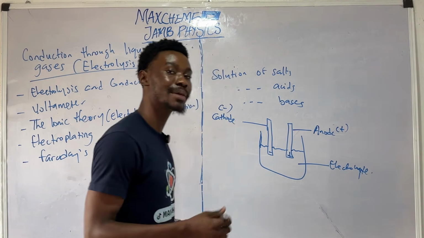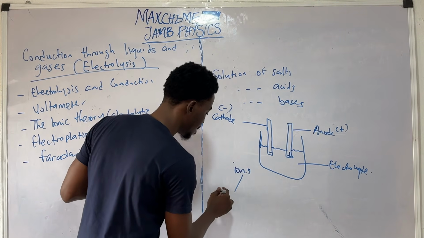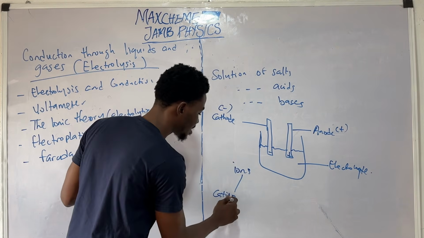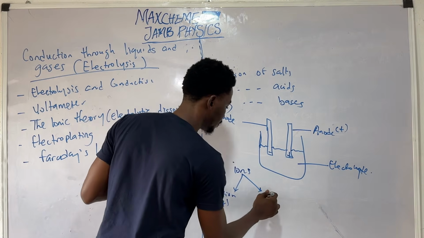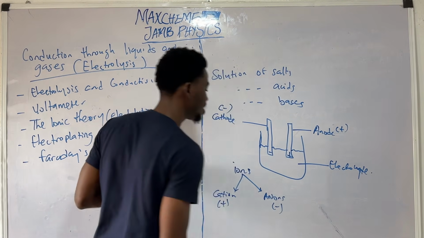So we have two types of ions. Ions are divided into cations, which are positively charged, and anions, which are negatively charged.